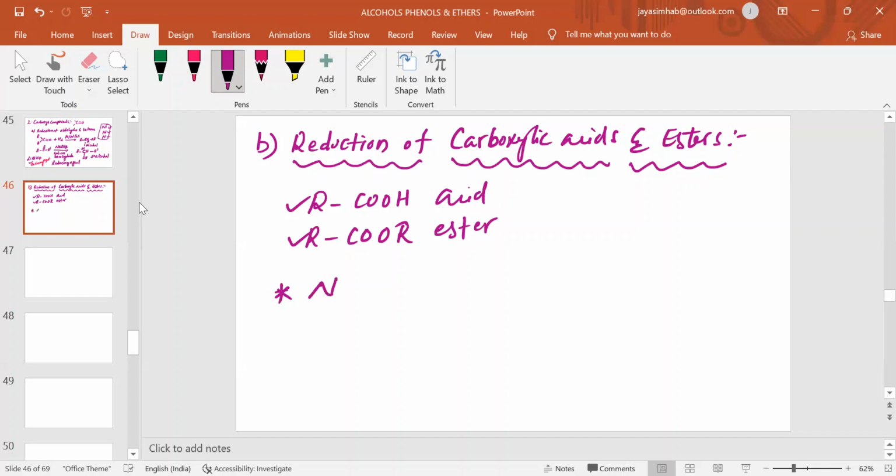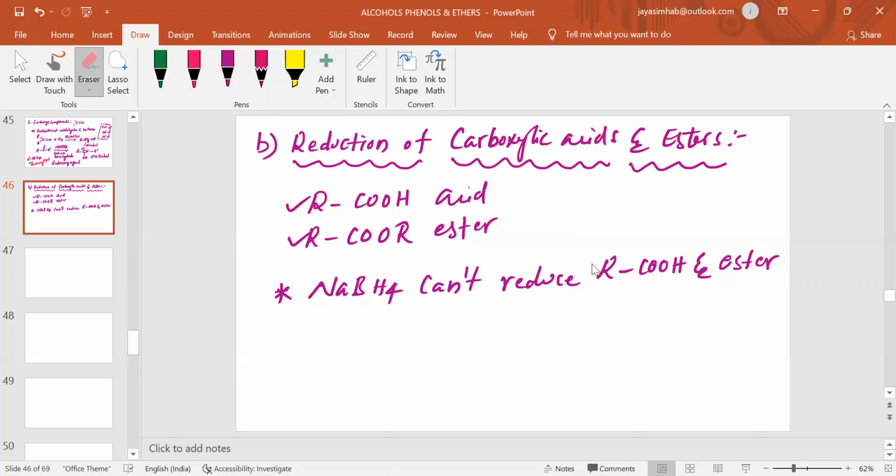So sodium borohydride can't reduce carboxylic acids and esters.